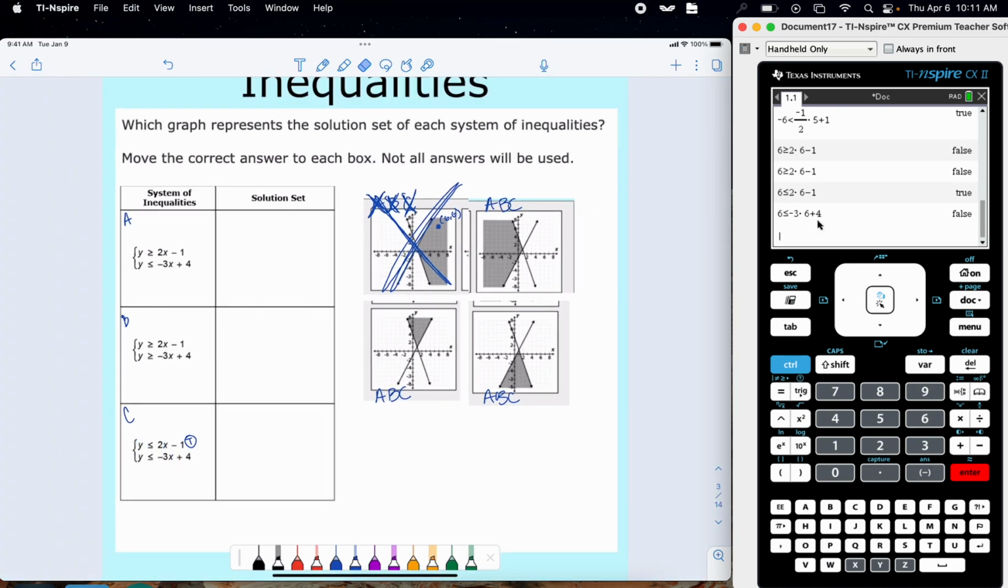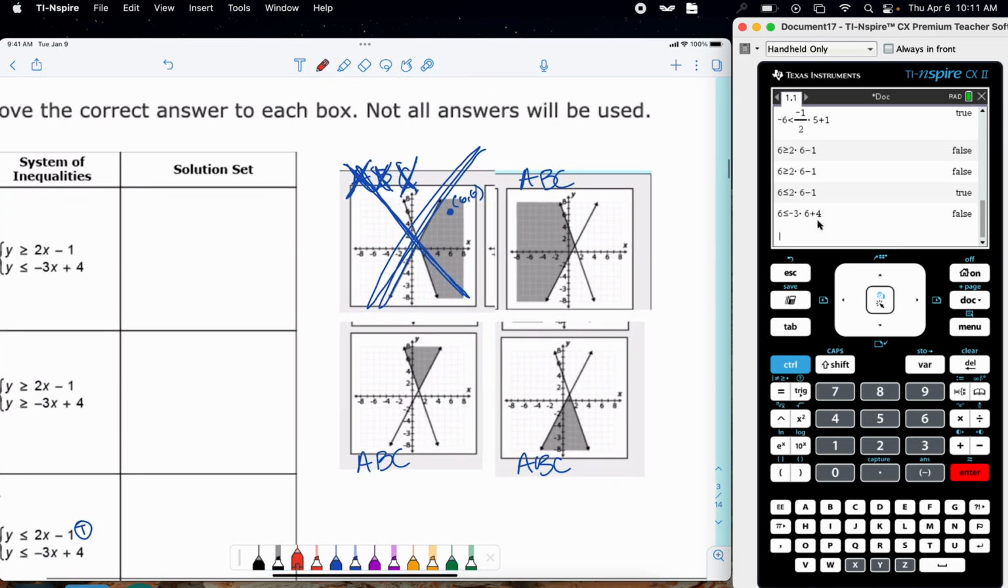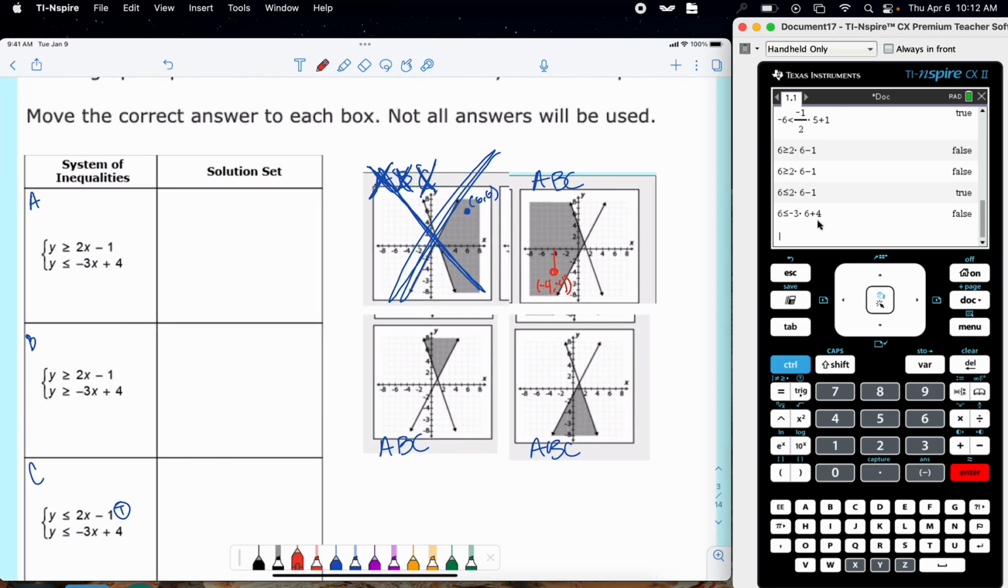For the next one, we have this next graph. Let's choose a point: -4, -4. For this one, I have y greater than or equal to 2x minus 1, and y less than or equal to -3x plus 4.